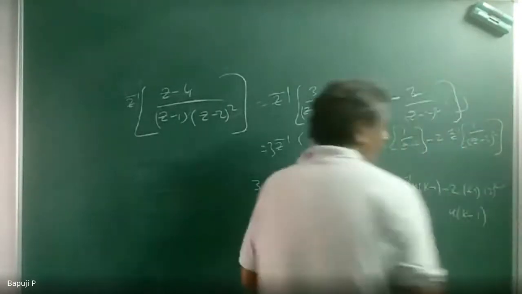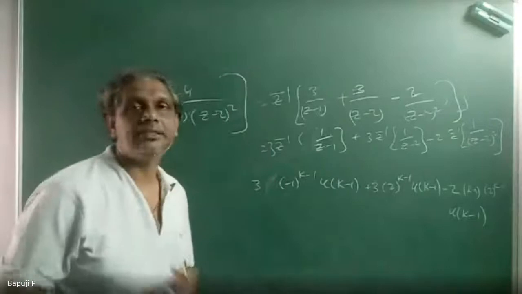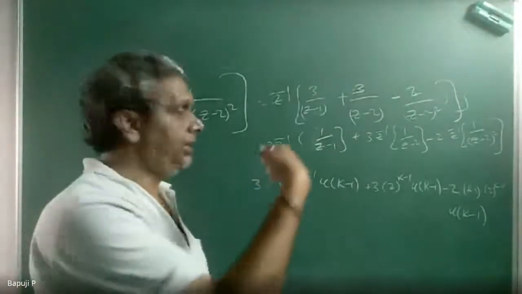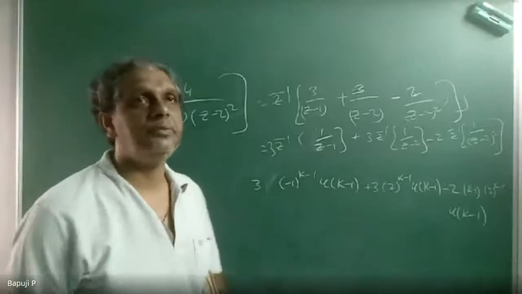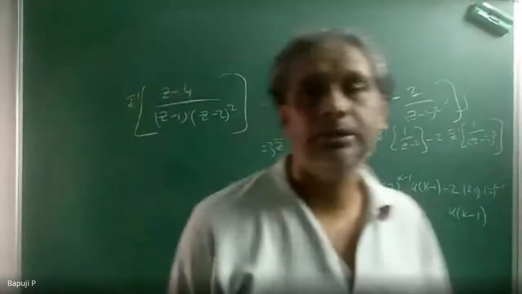So, with the unit step function I am writing, this is valid for k minus 1 greater than or equal to 0. That is, the series will be valid for k greater than or equal to 0.